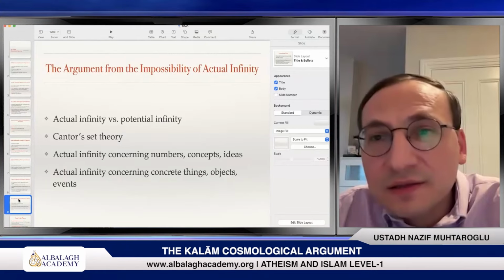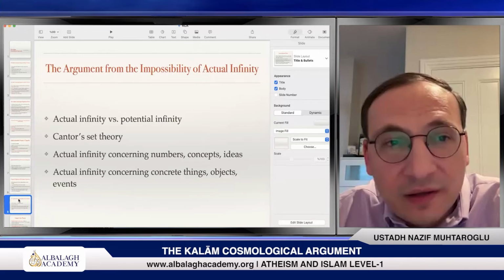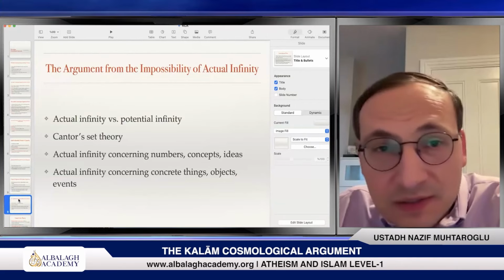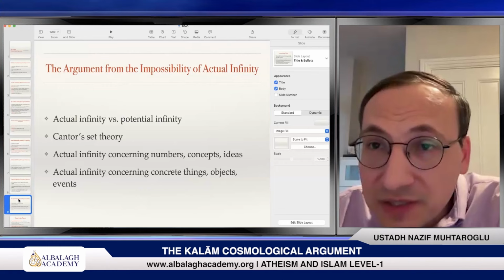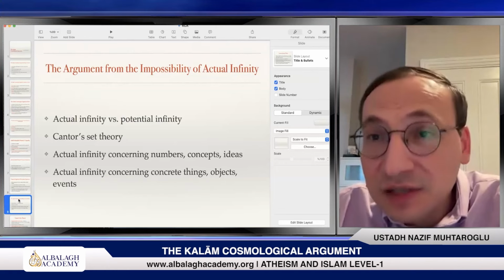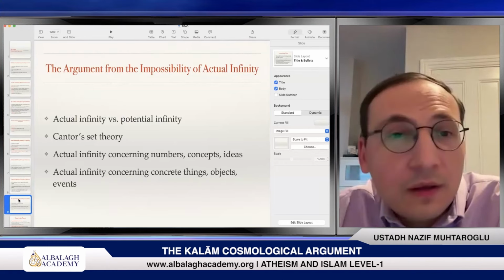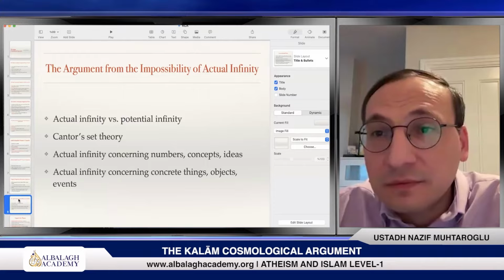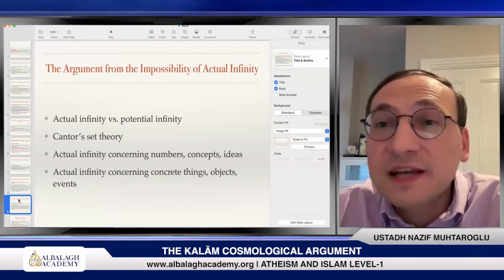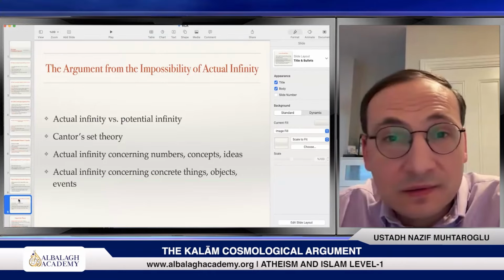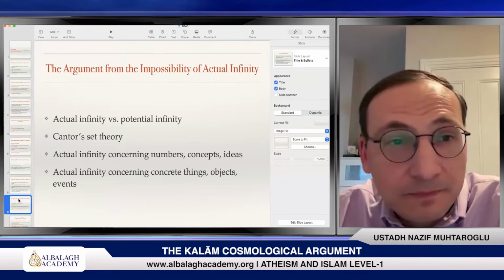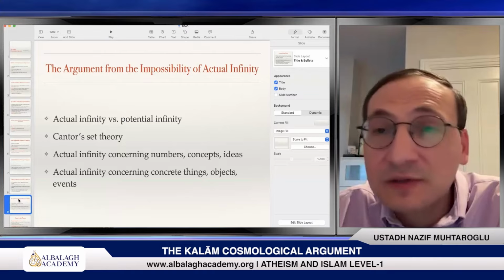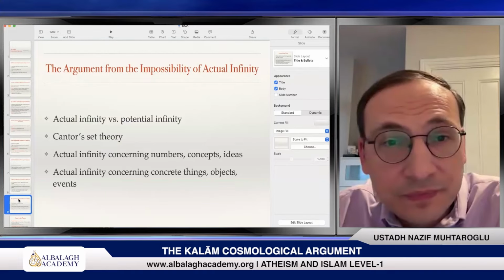In order to understand this argument, we need to clarify what actual infinity means, what potential infinity means, and how they are distinguished. And then we will look at the modern discussions about these types of infinity, especially that starts with Cantor's set theory.